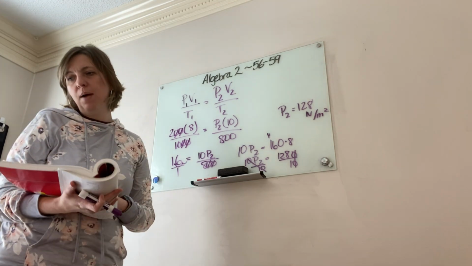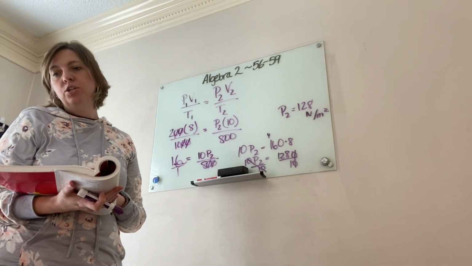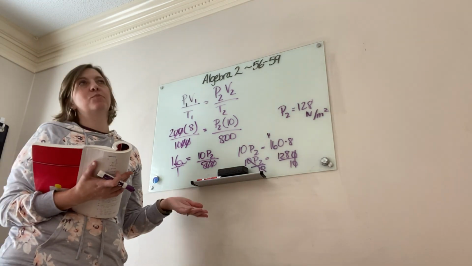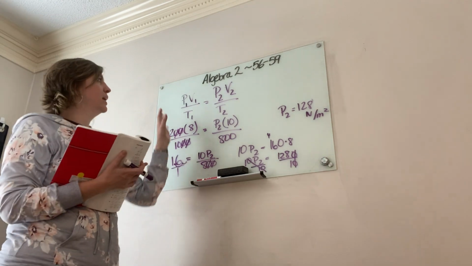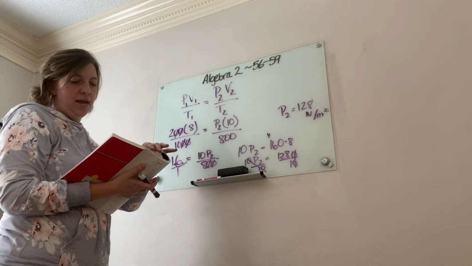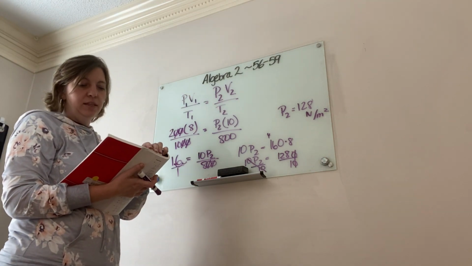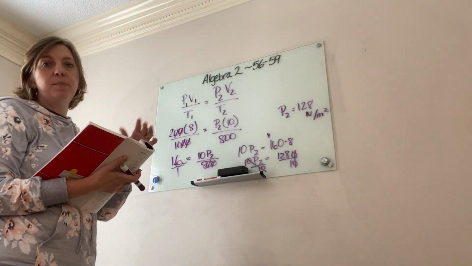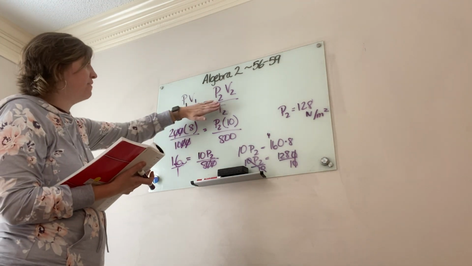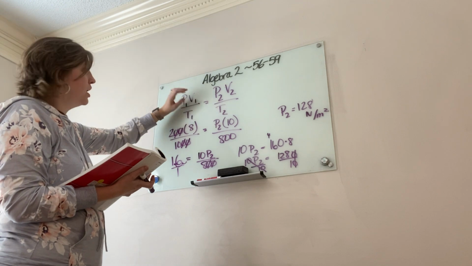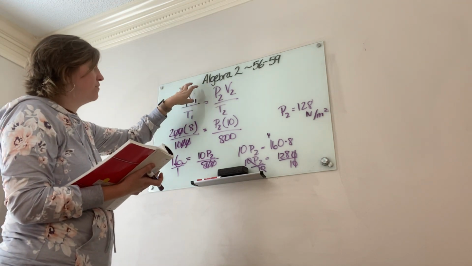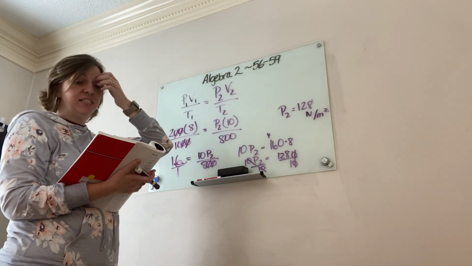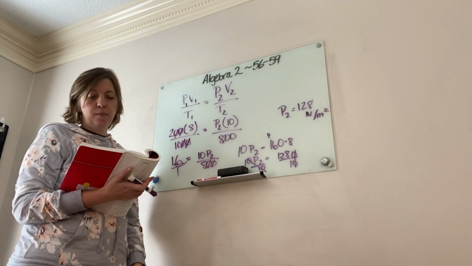Now there's one more problem, but I'm not going to take time to do that because I feel like you're going to do this more in chemistry class. But again, it's just taking this formula and setting it up. On letter B, the temperature remains the same, so you don't even have to put the T there. It's just P and V of the first equals P and V of the second, since the temperature remains the same.